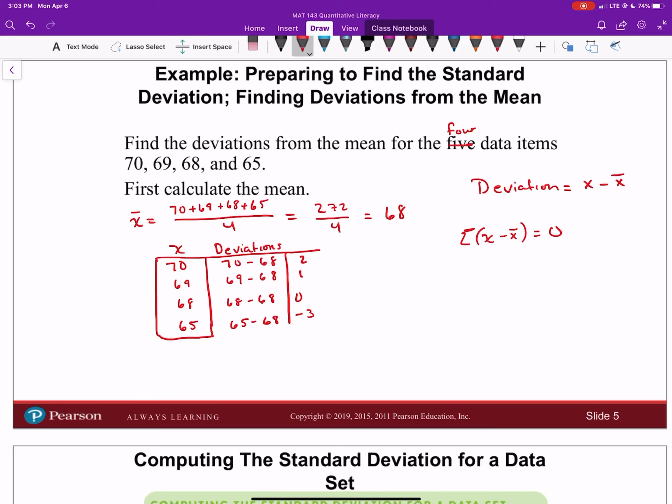So we just found the deviations. This is another part of finding the standard deviation. This is just breaking down each part. First you find the mean. Then you find the deviations. Now let's look at the rest of the steps.